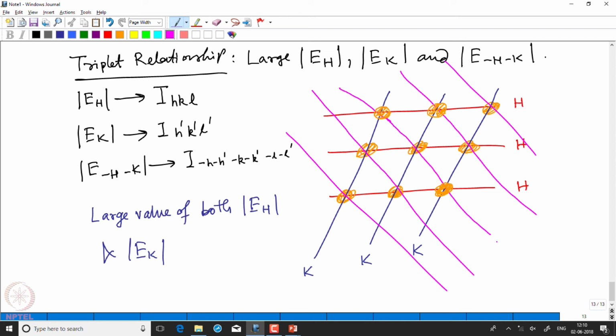The Miller indices of these planes are nothing but minus H minus K. So, from this observation of the values of EH and EK, one can also conclude that the value of E minus H minus K, that is the diffraction from those set of purple colored planes, will also be high or large.